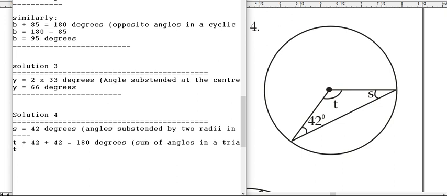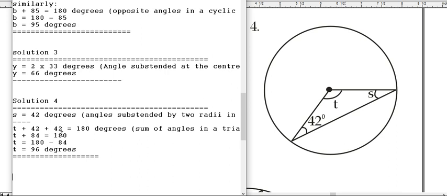So therefore our t plus 84 is equal to 180 degrees. Our t will be equal to 180 minus 84. So our t equals 96 degrees. So we are through with solution 4.